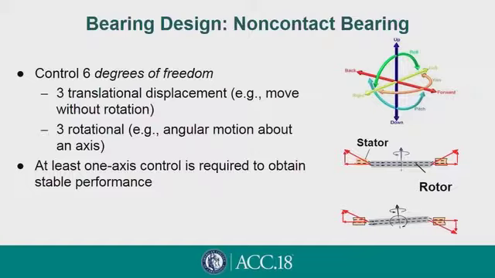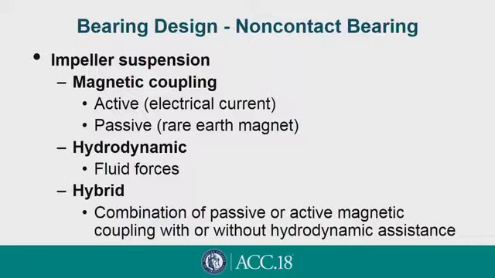And then importantly, in these types of designs, at least one axis has to be controlled by an active motor, which will be able to spin the impeller within a magnetic or hydrodynamic field. So there are several types of non-contact bearings or levitation systems.